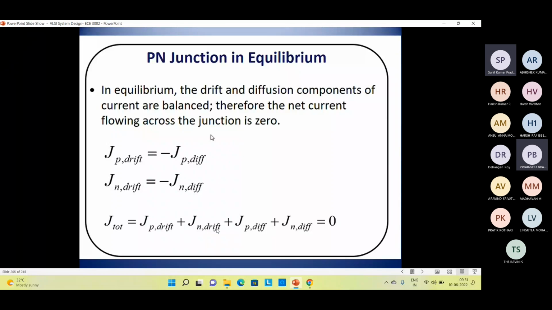Jn drift is our drift current density for electron. Jp diff is our diffusion current density for hole. Jn diff is the diffusion current density for electron. So if we add up the total, it is equal to 0.